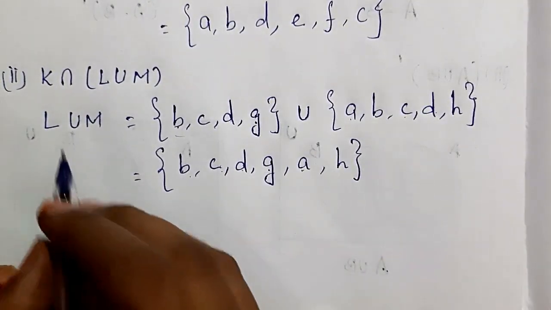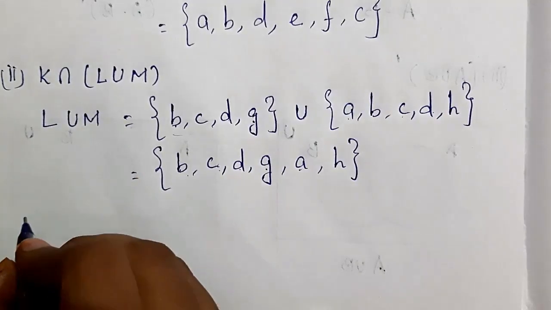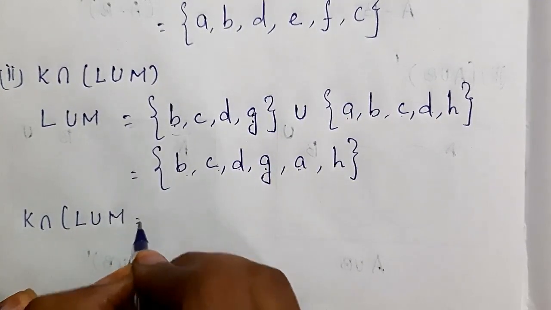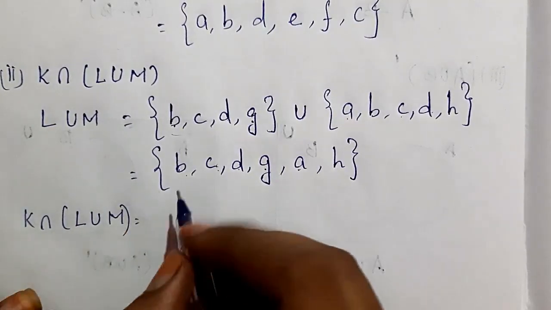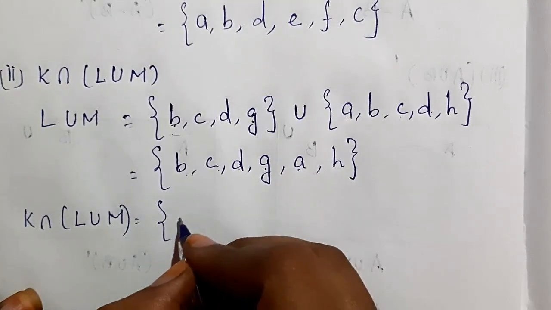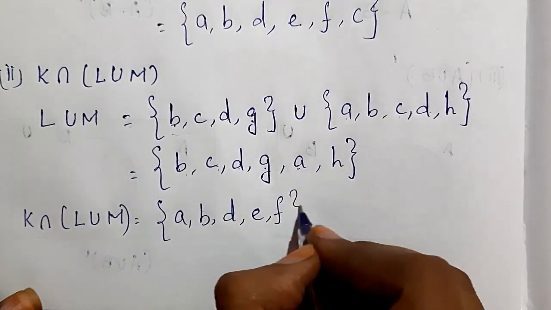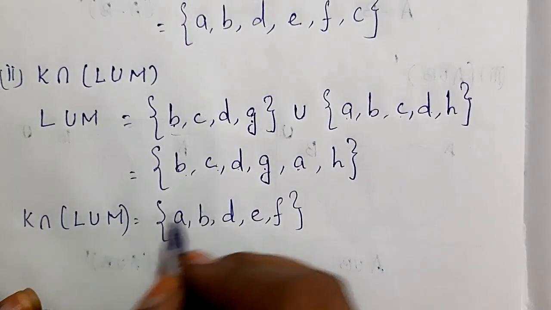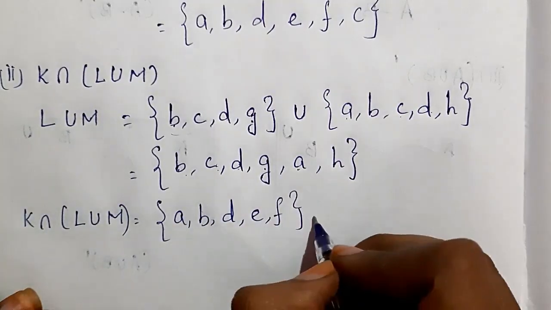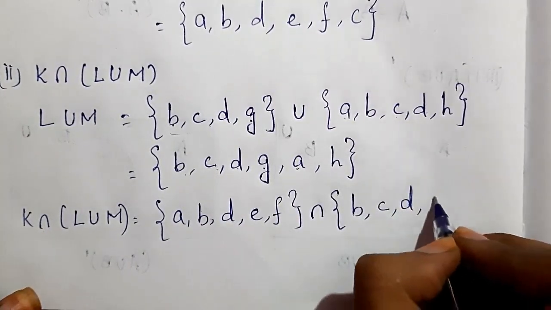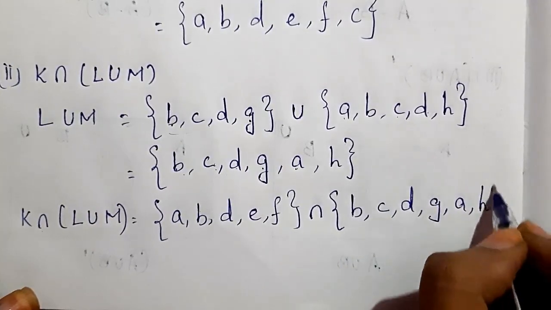Next one is K intersection (L union M). For this I will write the K elements now: a, b, d, e, f. This is the K set. Then L union M, which we just found: b, c, d, g, a, h.